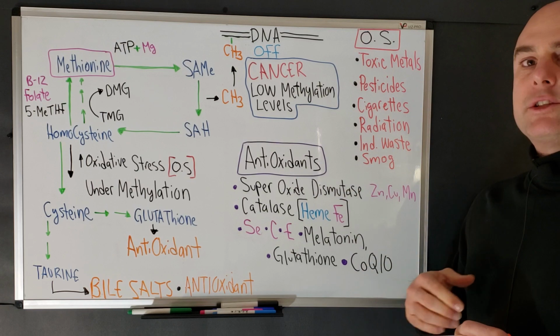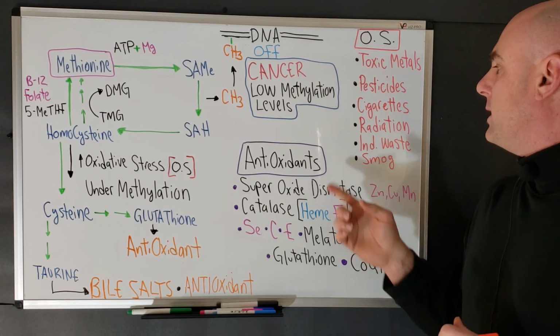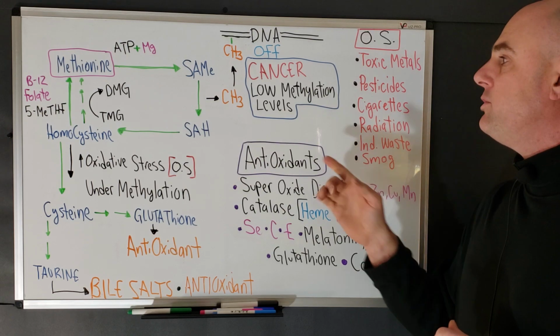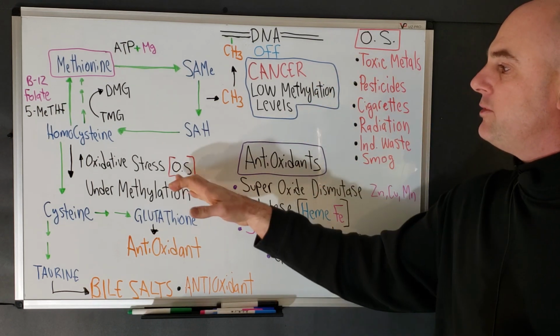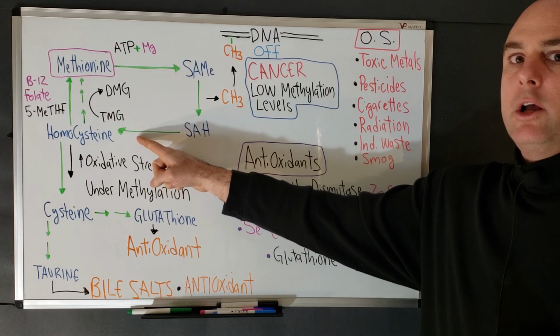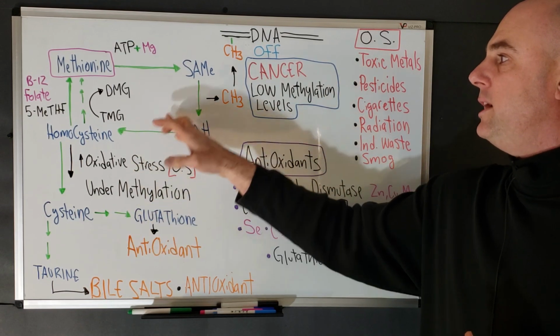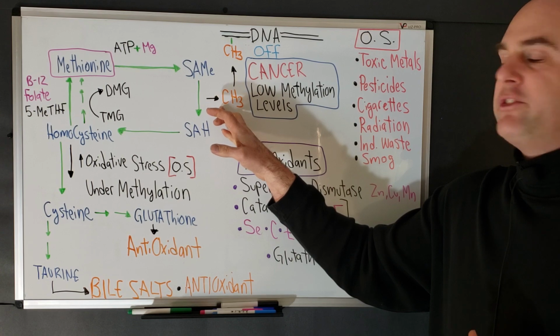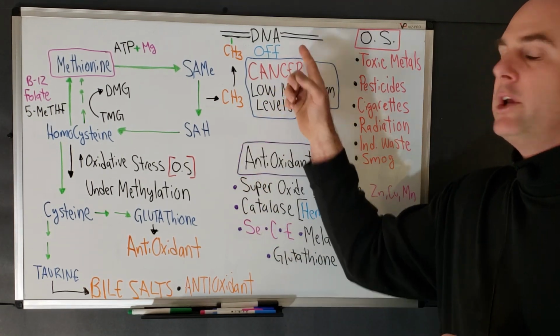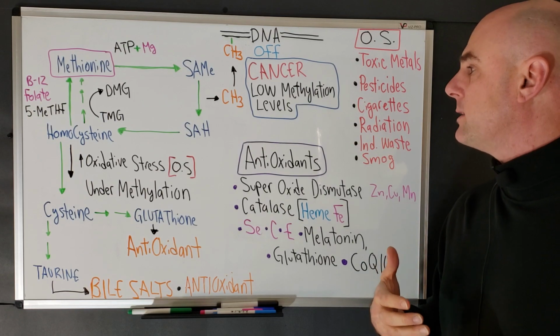So you can actually see a direct, potential link here between these oxidative stressors and cancer. Again, because these oxidative stressors are likely to drive the homocysteine towards cysteine, away from the SAM cycle and away from us producing these critical methyl groups to shut our genes off correctly.